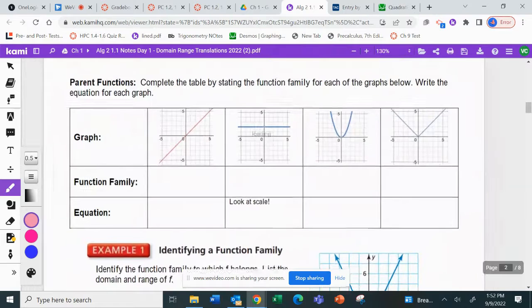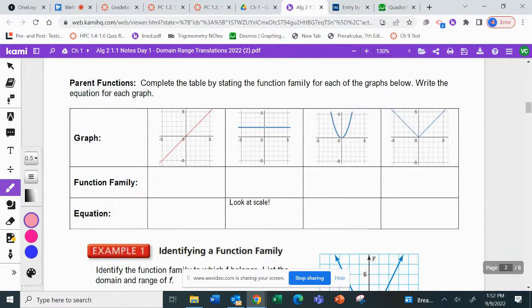Here, complete the table by stating the function family, and then it says write the equation. I'm going to skip writing the equation for now. All right, so we're going to look at this, and it's a diagonal line. That is the linear family. This one is a straight horizontal line. Constant. That is the constant family.